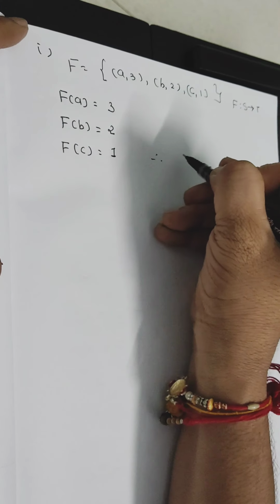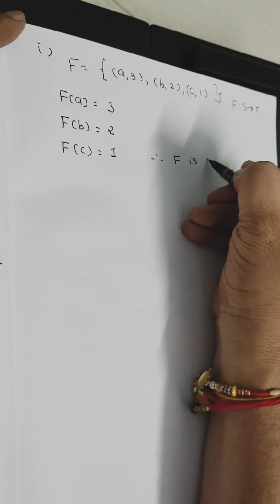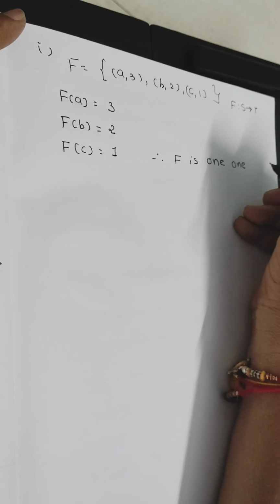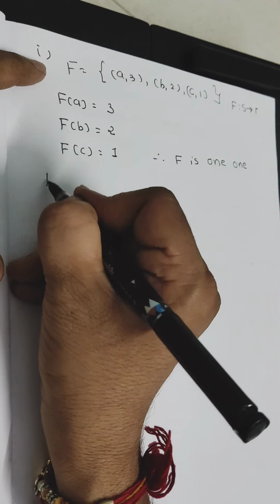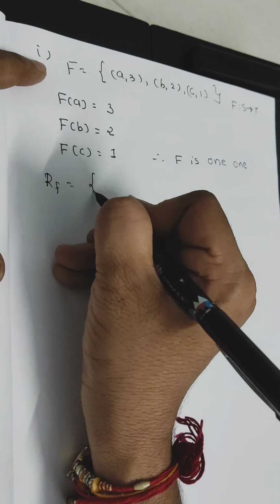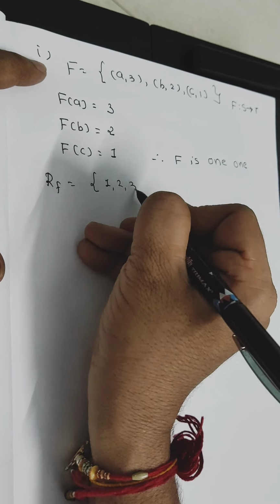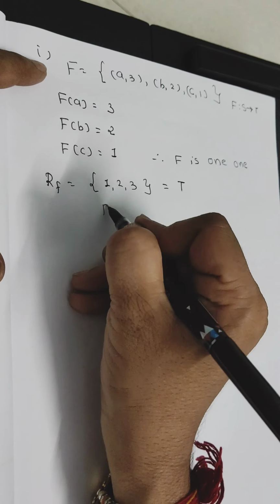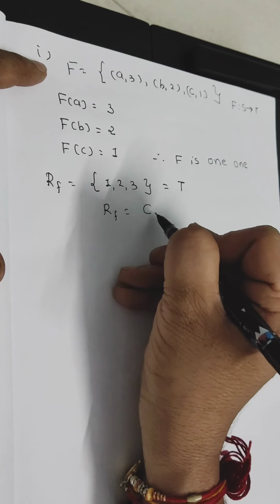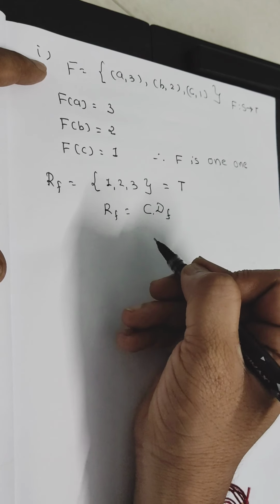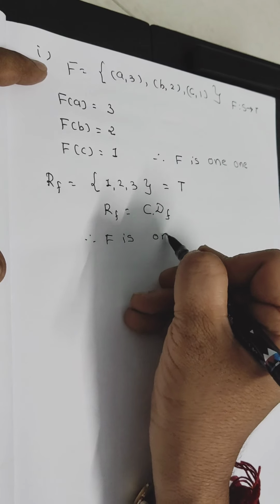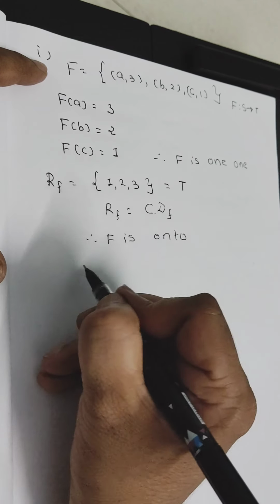So f is 1-1. Now the range of the function is equal to 1, 2, 3. That is your codomain. Means the range of the function is equal to the codomain of the function. So f is onto also.